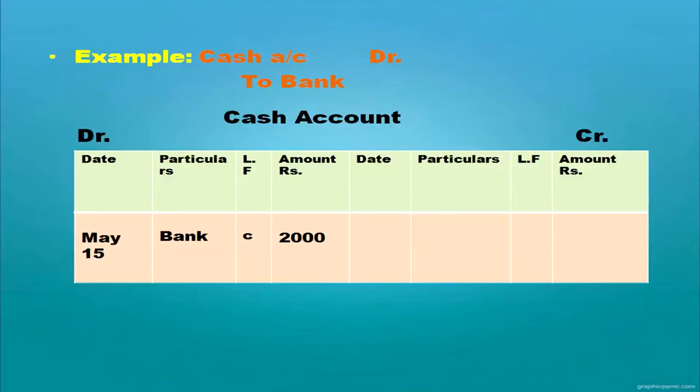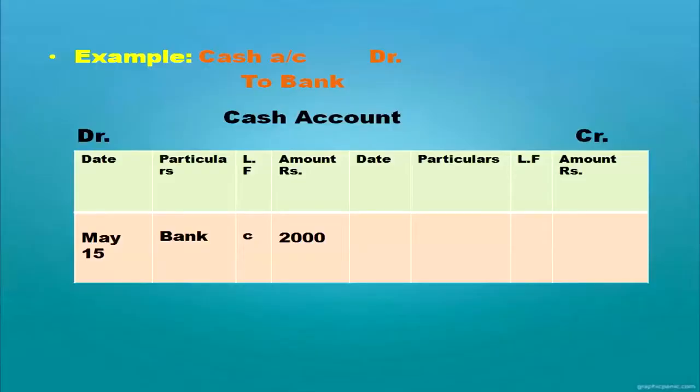See the same entry, how you have posted it on the debit side if you are opening a cash account. In the cash account, you will write To Bank, same entry, and the amount is in the amount column of cash. This is just to make you think why I am posting the amount in the cash column. If you are drawing the cash account, how will you post?